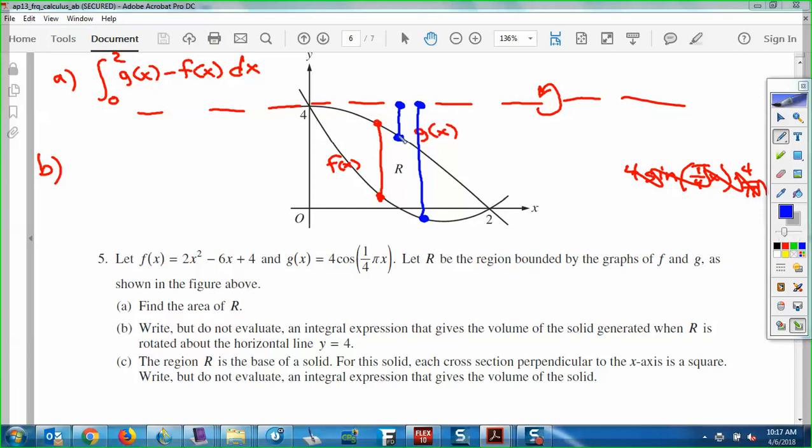Okay? And so, what is big R? 4 minus f of x, and that's how I would write it. 4 minus the parabola, and little r would be 4 minus g of x. Top y value minus bottom y value. And now what would our integral be? Don't forget the pi.